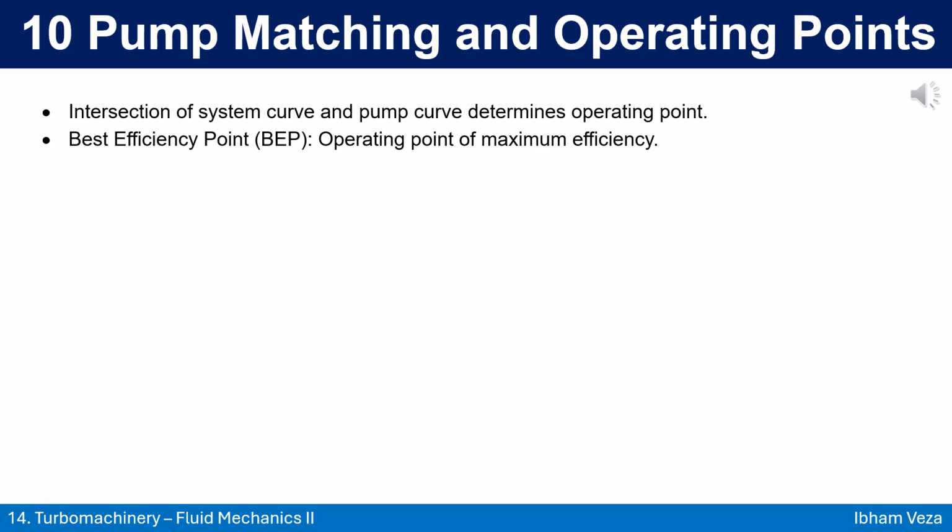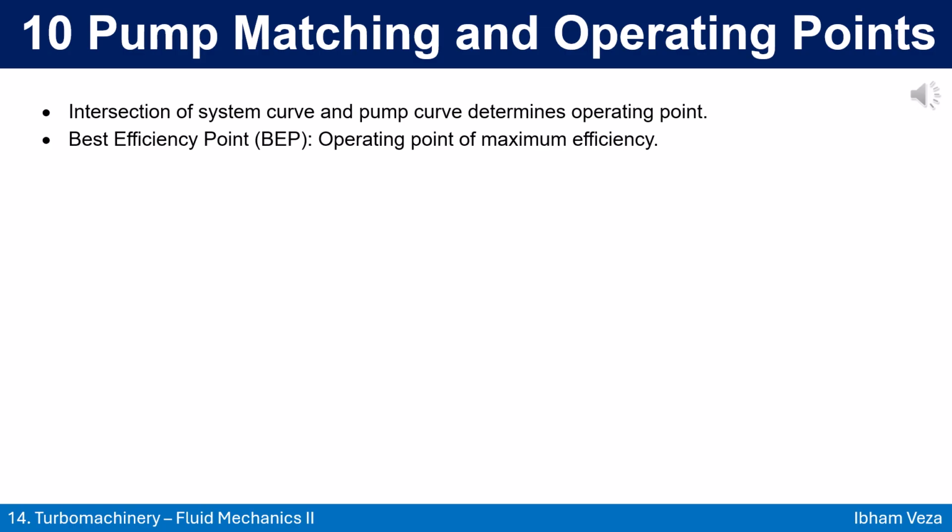The pump curve shows how the head changes with flow rate for a given pump. The system curve reflects the pressure required by the piping network at different flow rates based on friction losses and elevation differences. Where these two curves cross, the system and the pump are in equilibrium.